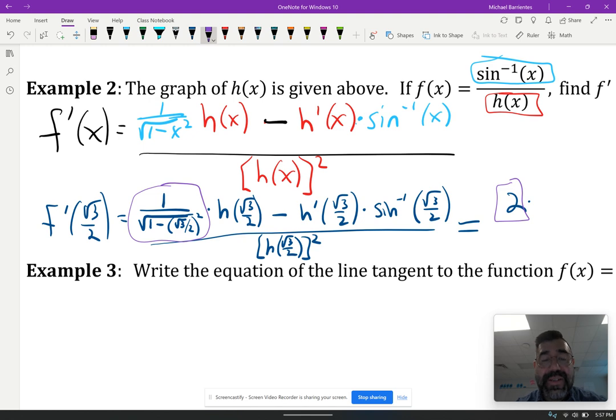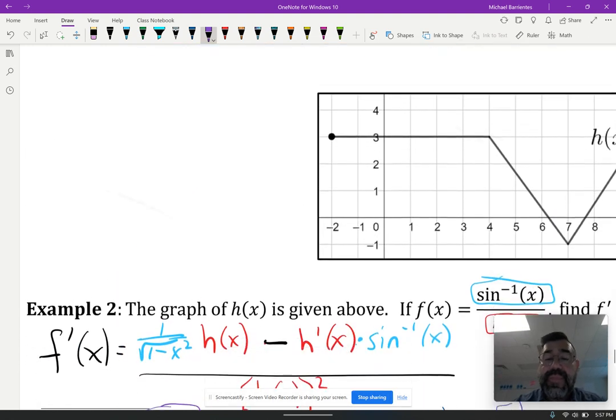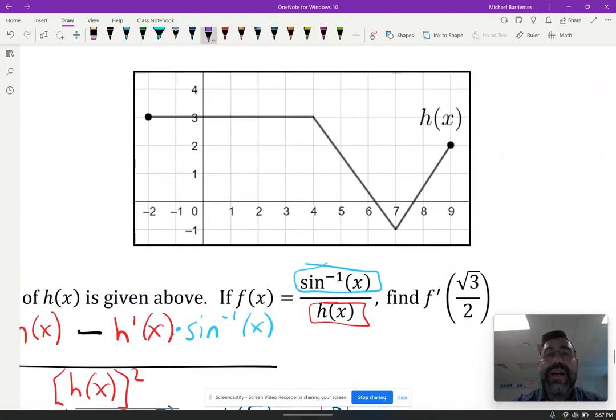So I went from this original fraction to just 2. And now I'm going to have to look at the graph, because the next part is find h of square root of 3 over 2. So I go to my graph. H of square root of 3 over 2. Well, wait, how much is square root of 3 over 2? Square root of 3 divided by 2. That's about 0.866. How do I know that? I just memorized that square root of 3 is about 1.73, divided by 2.